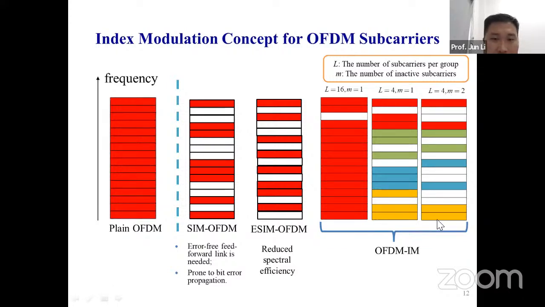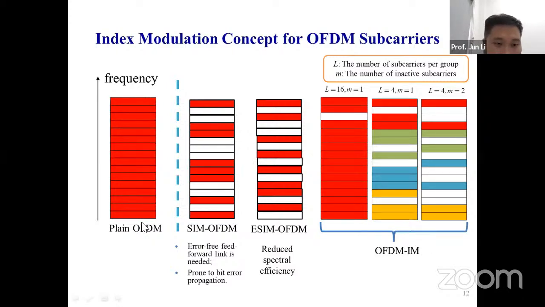But in OFDM-IM, only some of the subcarriers will be activated, and only the activated subcarriers will be used for transmitting the modulated symbols, which means the energy efficiency of OFDM-IM is very high.